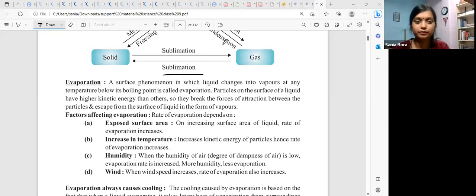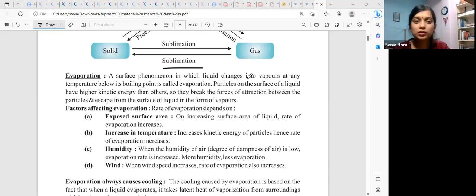Okay. Now evaporation. A surface phenomenon in which liquid changes into vapor. Remember one thing, it should be below the boiling point. Here, particles on the surface of a liquid have higher kinetic energy than others. So they break the force of attraction between the particles and escape from the surface of the liquid in the form of vapor. Now, what is this kinetic energy?